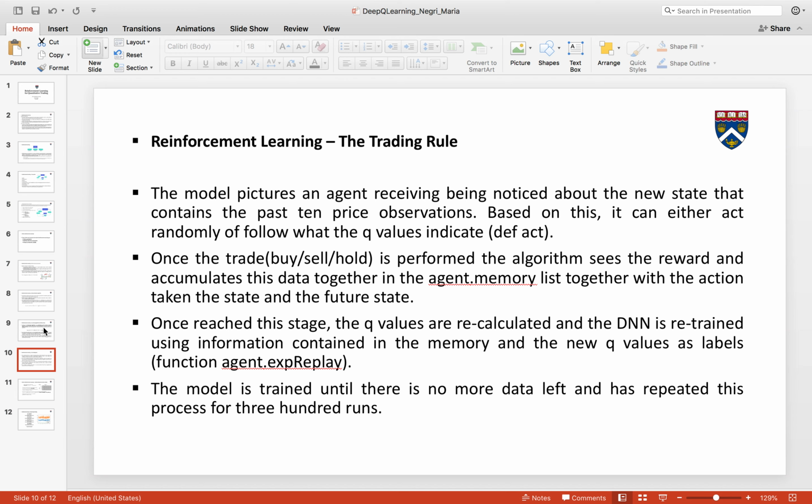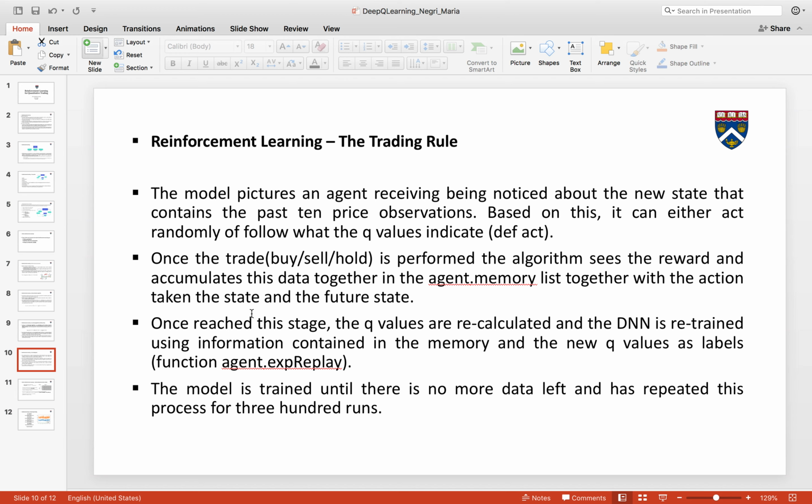Having understood how deep Q-learning works, we can now pass on to describing the model we worked with. The model pictures an agent being notified about the new state that contains the past 10 price observations. Based on this, it can either act randomly or follow what the Q values indicate by the function called def act.